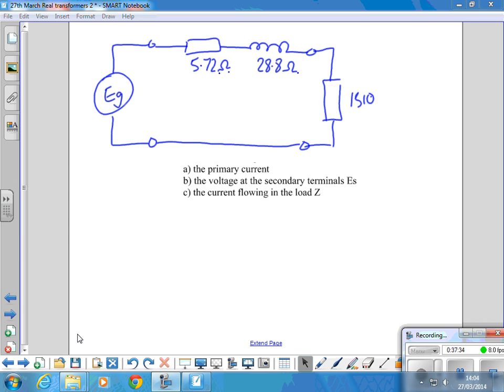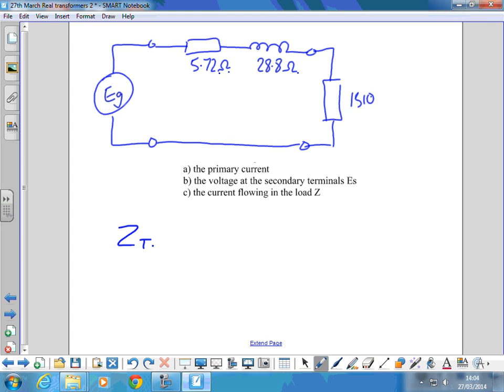How then? We need Z and the resistance. We can calculate the total impedance, can't we, seen by the generator. Let's call it ZG, because that's the impedance seen by the generator.